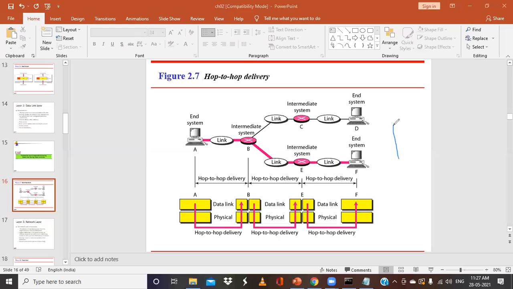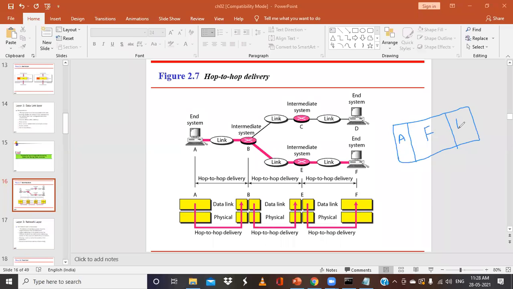If A wants to send these frames, let us say this is the frame A wants to send. When it is sending, it will add something called headers and trailers. What is the header? It will be the source address. And what is the trailer?